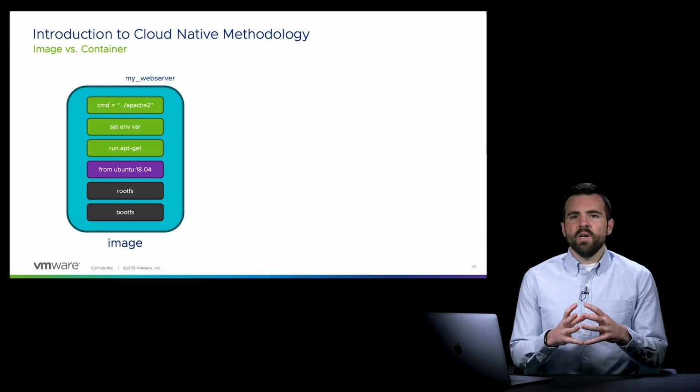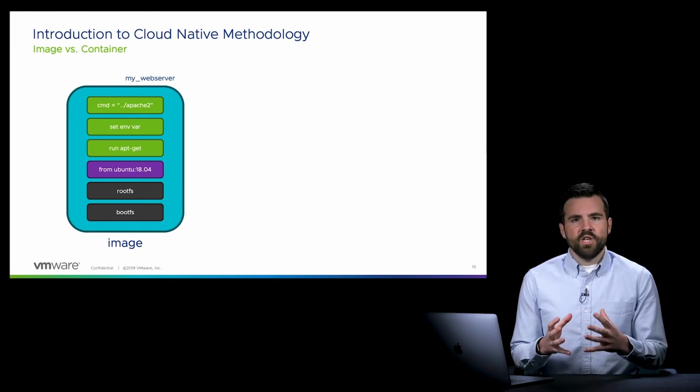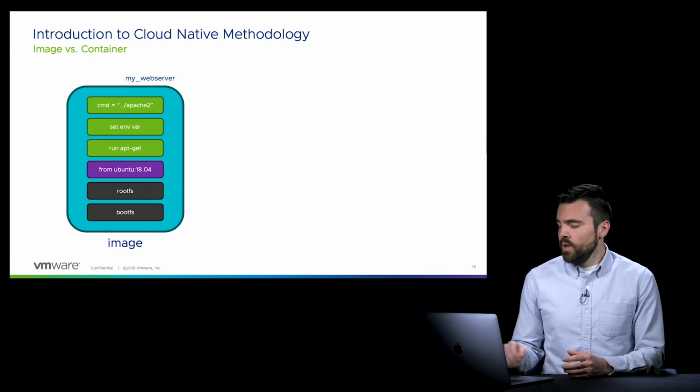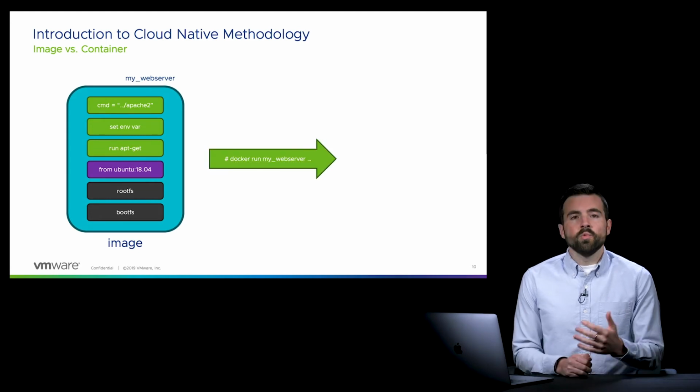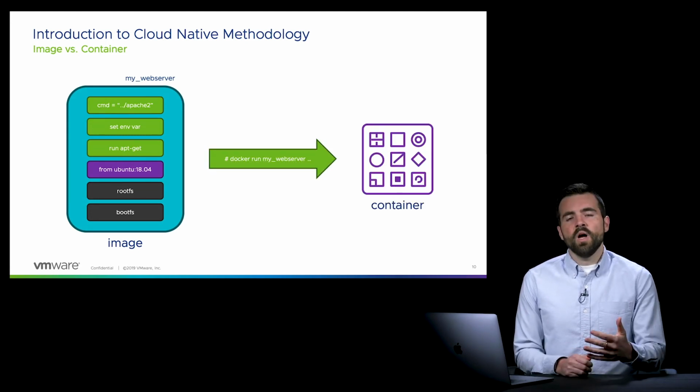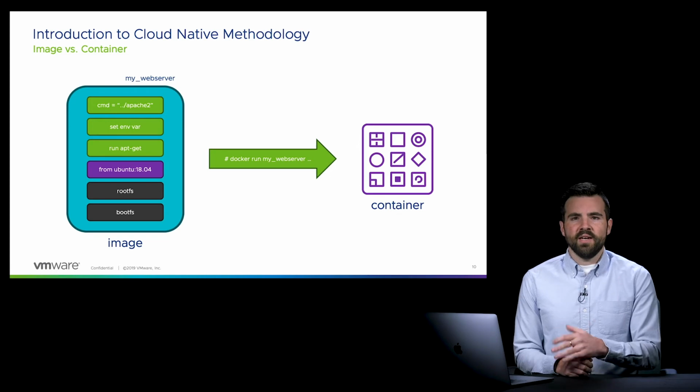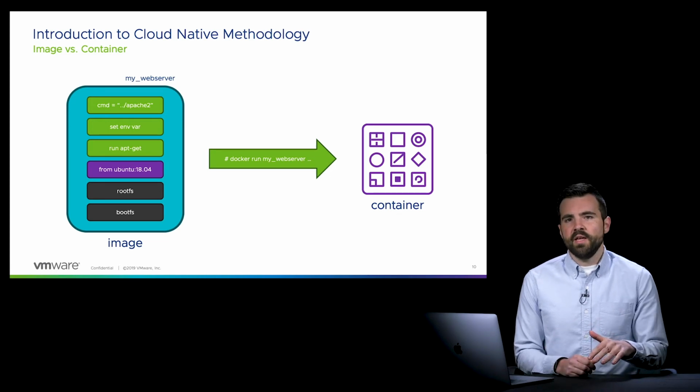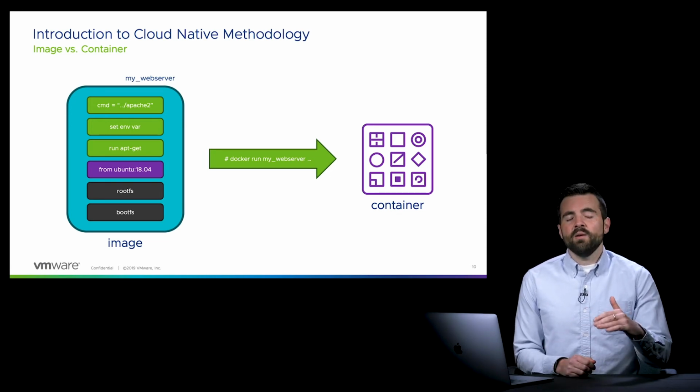So that image is read-only, it's static, nothing changes about that image until we use the Docker command to run that image. So once we run the web server image, we have created a container. And this essentially creates a thin, another read-write layer on top of the existing read-only layer.